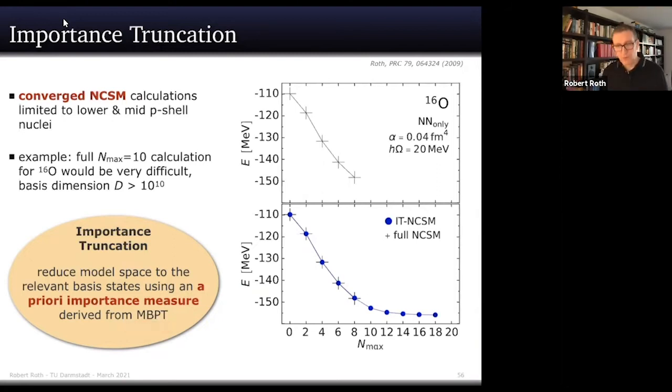You just use perturbation theory to estimate the coefficient of a specific basis state in the expansion of your ground state, let's say. And if that coefficient is larger than a threshold value, you keep that state. If not, you throw it out. And only with these residual states, you do the eigenvalue problem, which is then much smaller.